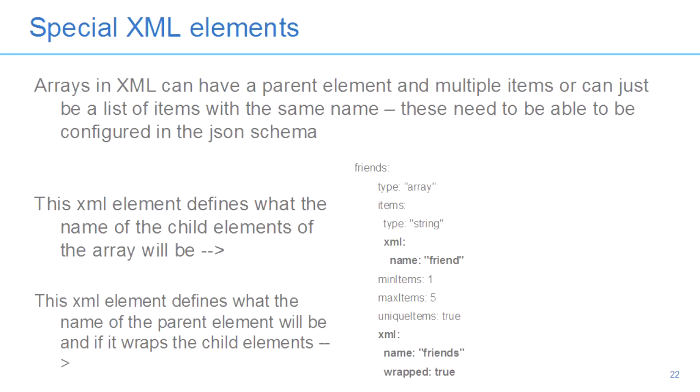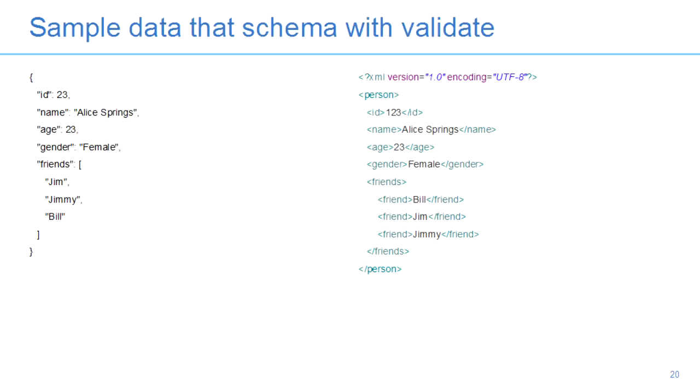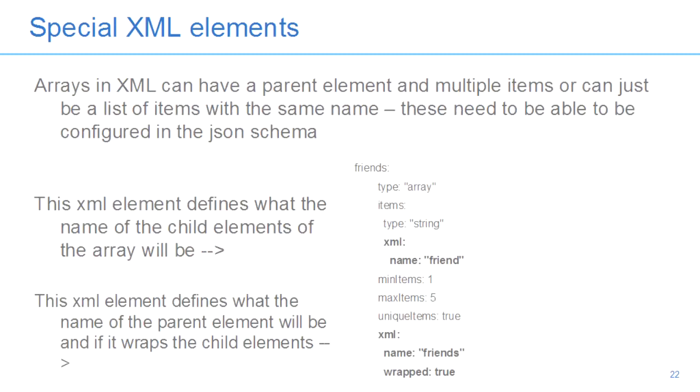So basically, it's just going to put that element around all of the friend elements inside it. If we just quickly go back, I can show you. Here we've got the friends element, and then a friend, whereas in JSON, it just has friends with Jim, Jimmy, and Bill. So you have to put the other elements in, and those parts of the schema with the XML elements are used to generate that.